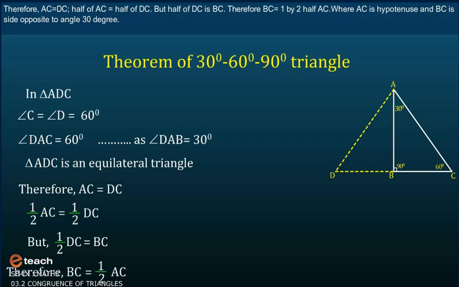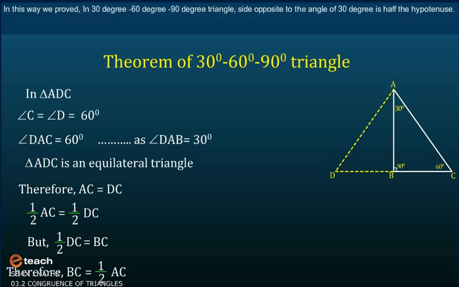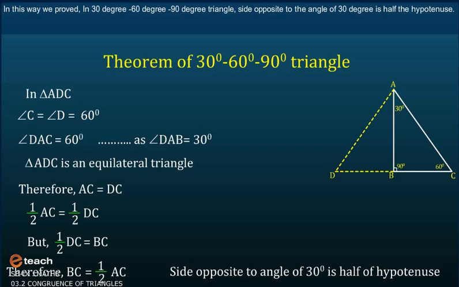Therefore, BC is equal to half AC, where AC is hypotenuse and BC is side opposite to angle 30 degree. In this way, we proved in a 30, 60, 90 degree triangle, side opposite to the angle of 30 degree is half the hypotenuse.